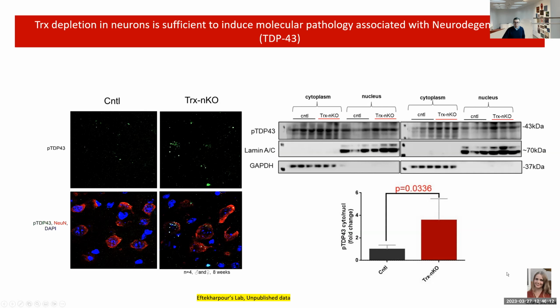Here, Tatiana has done cell fractionation, looking at the cytoplasm and nucleus, and she shows that there is an accumulation of TDP43 in the cytoplasm and depletion from the nucleus. This indicates that perhaps these animals may also show some evidence of ALS, but that remains to be understood.